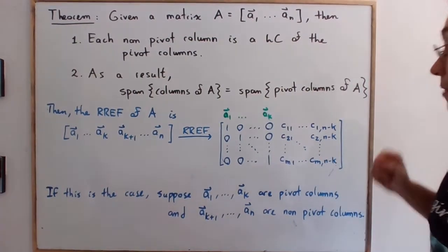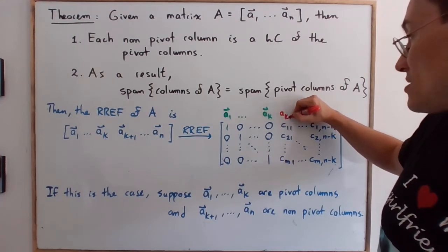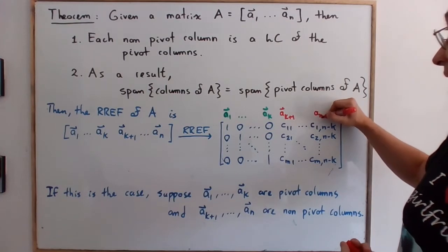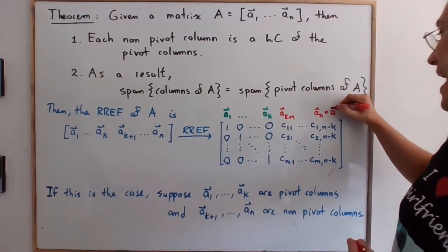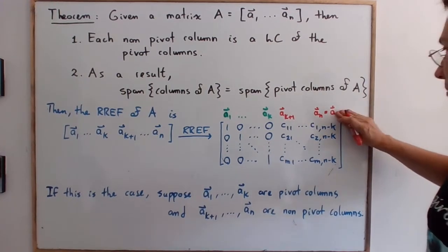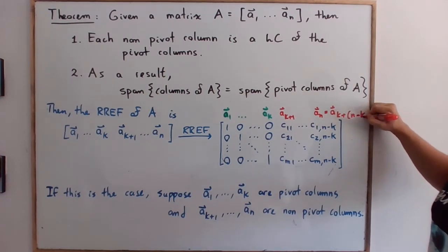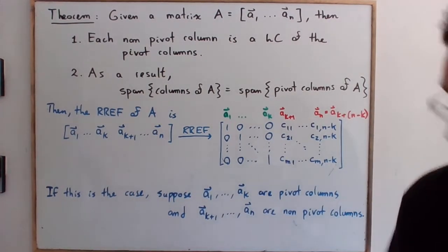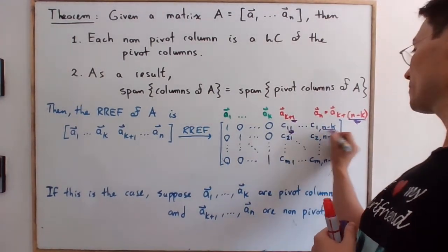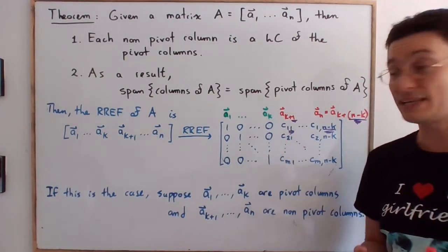And these are all the non-pivot columns, which correspond to AK plus 1, and here we have AN, which is the same as A k plus n minus k. The reason I put the emphasis here is just to count the number of columns correctly.